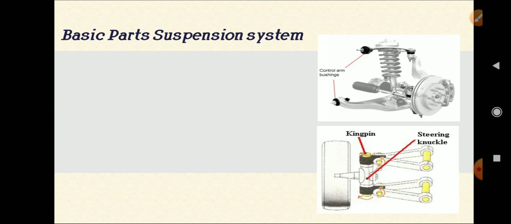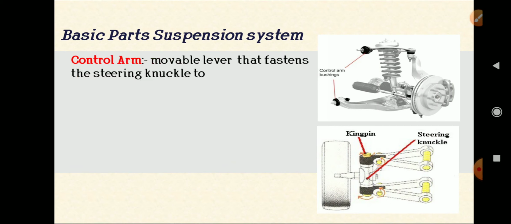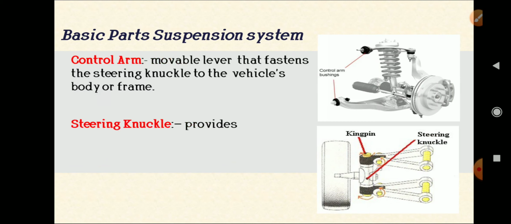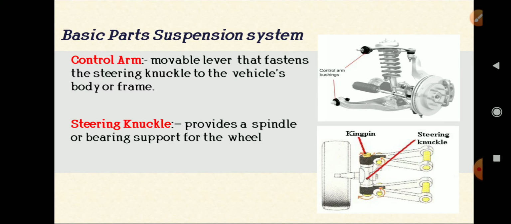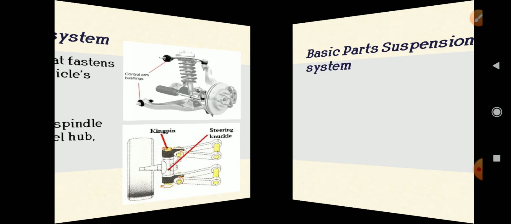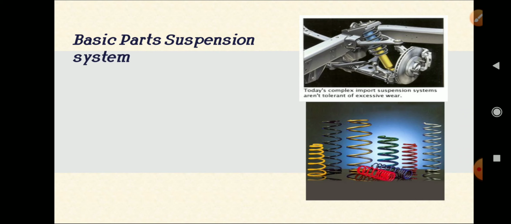suspension system. First there is the control arm, a movable lever that fastens the steering knuckle to the vehicle's body or frame. The second is the steering knuckle, which provides the spindle or bearing support for the wheel hub, bearing and wheel assembly, as shown in the figure. Next, the basic parts of the suspension system.